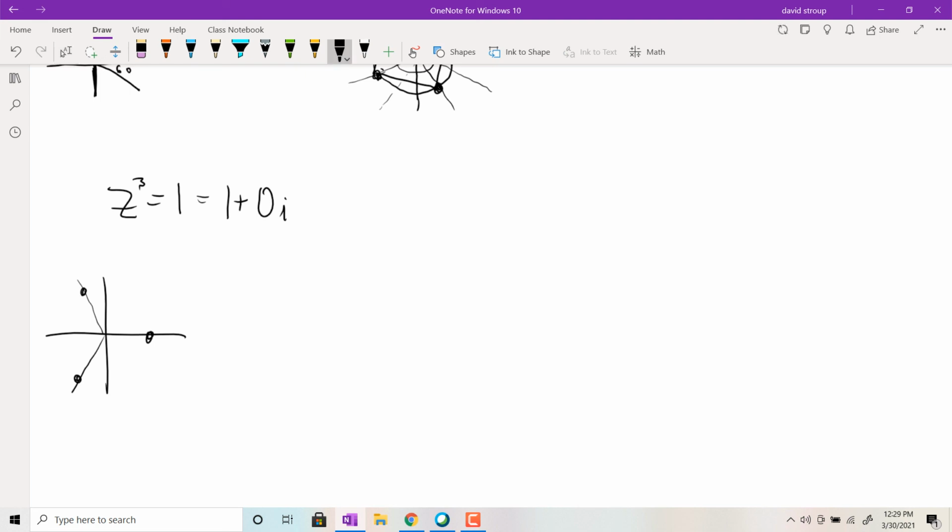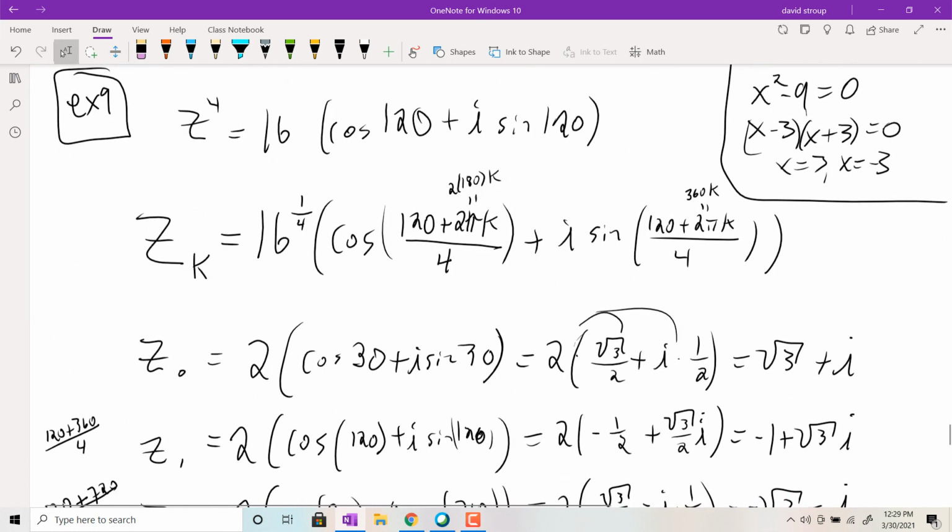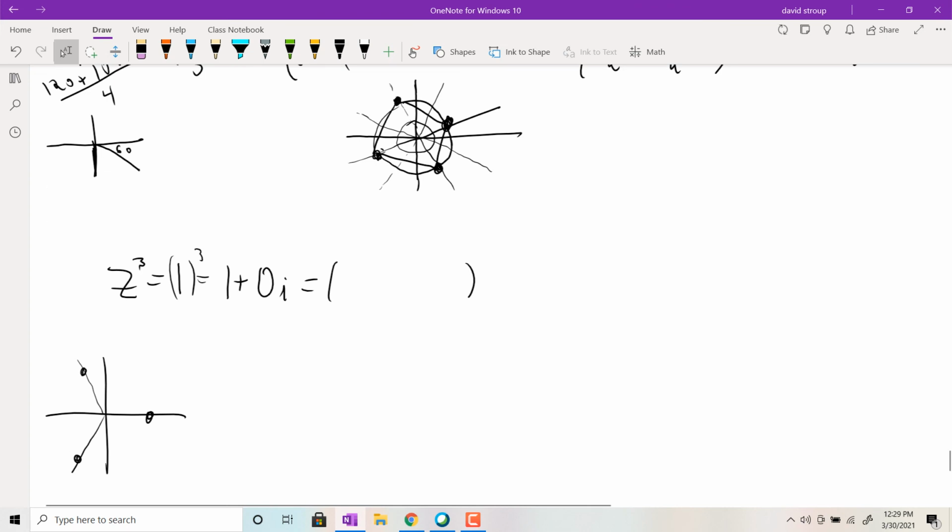Okay. So anyways, rewriting this in polar form. Well, z cubed is just 1, there's no cube in there.